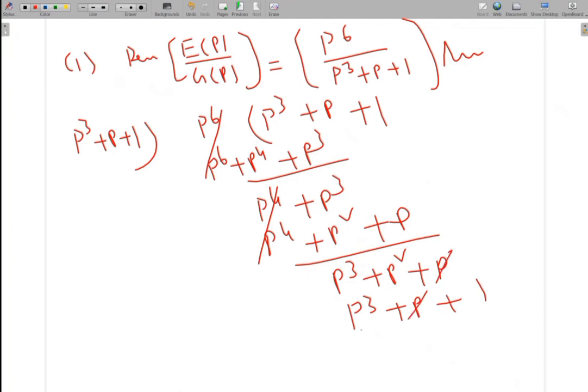This p cancels. Okay. Finally, p square plus 1. P square plus 1 is the remainder. Here place p square plus 1 in the place in the syndrome evaluator table.